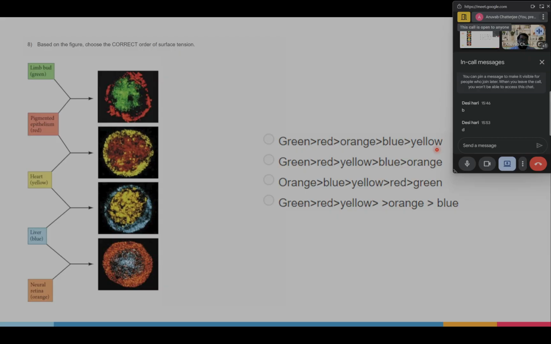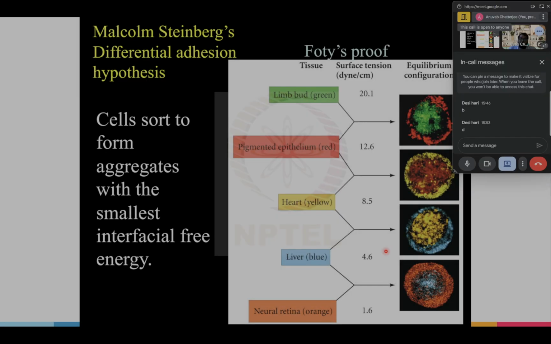Okay, so Hari says it is D, green, red, yellow, orange, and blue. Okay, there is an extra more than sign for some reason. So this is what we just saw: Malcolm Steinberg's differential adhesion hypothesis.